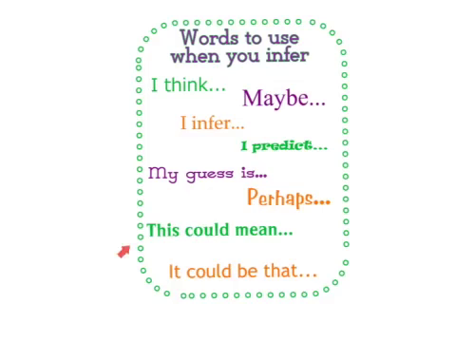You could even try, this could mean that the boy got in trouble for being mean to his sister. Or you could even do, it could be that, and finish that sentence. It could be that the dog is barking because the cat is running down the street. So all of these phrases can help you while you're inferring as well.